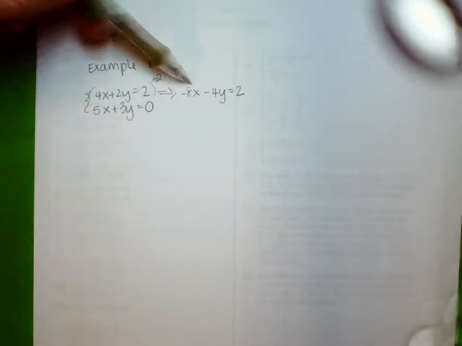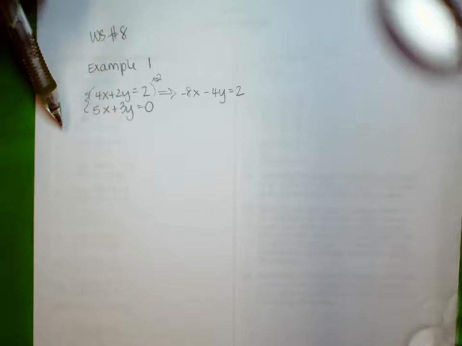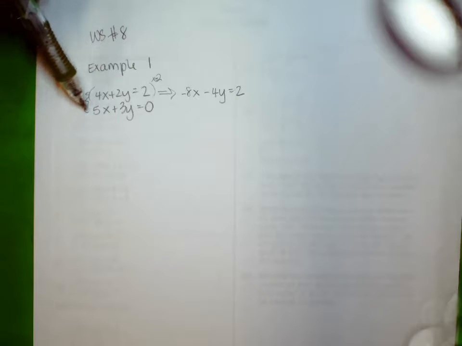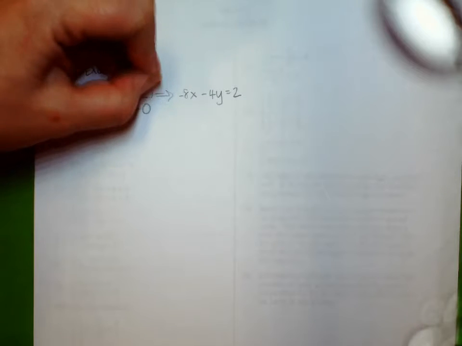Now if we added straight down, you would see that the -8 and the 5 still don't cancel out, but we're getting smaller. The -4 and the 3 don't cancel out, but we're still getting smaller. So maybe multiplying by -2 wasn't the best option.